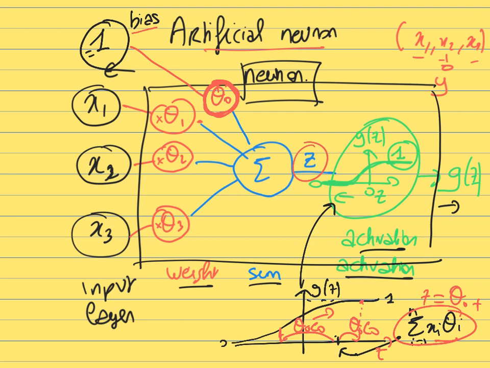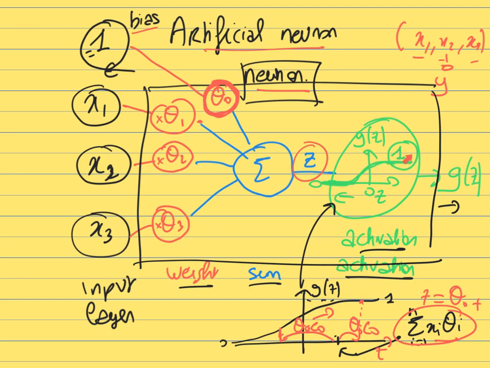So this is all the steps that go on within one neuron. You weight the inputs, you sum them all, you add a given bias, and it creates a new variable z. Then you transform this variable z with a nonlinear transformation that looks like this, where if z is too low, the neuron is not going to be activated.